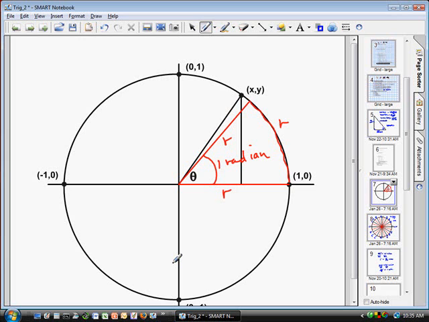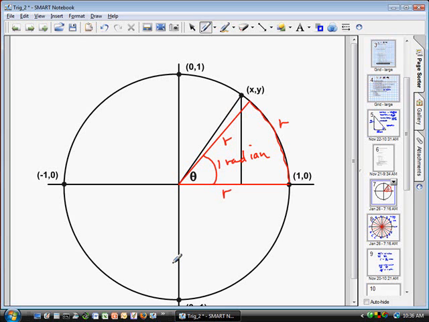Next section, 35 to 38. Sketch each angle in standard position. What's standard position? Standard position means the first side of your angle will be along the positive x-axis, where 0 is. If you were going to sketch, we don't want you to do any protractor stuff, okay?